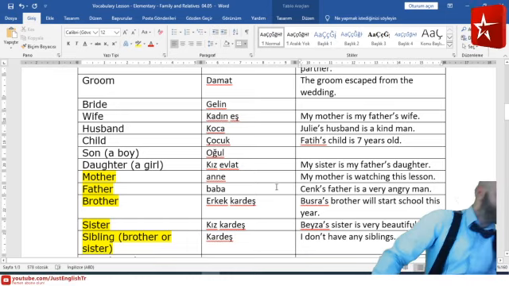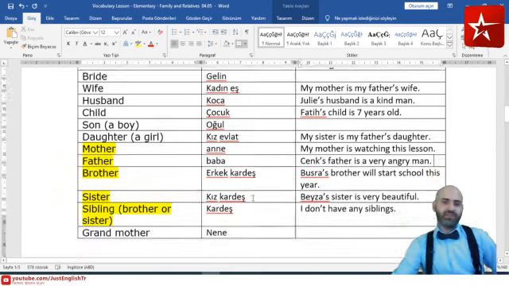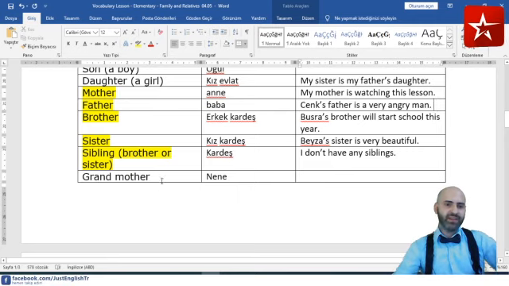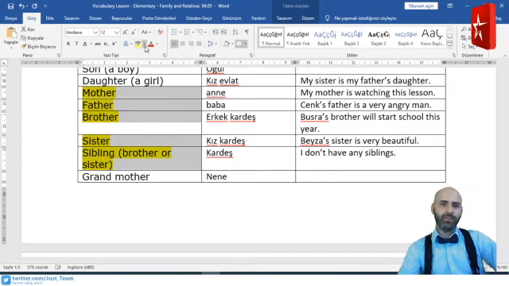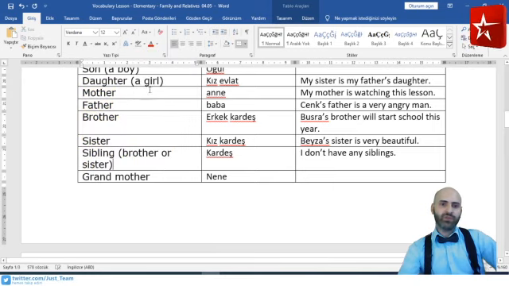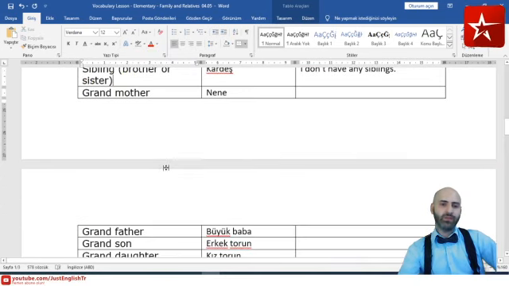Okay, so Sultan already saw the next one. Next one is grandmother. Grandmother is your mother's mother or your father's mother. Okay? And if we want to talk about a man, we will say grandfather. This is the Turkish translation. I don't know if it is true or not true.